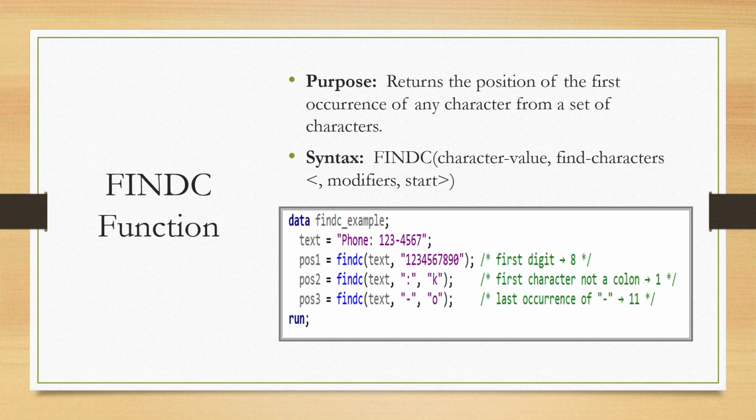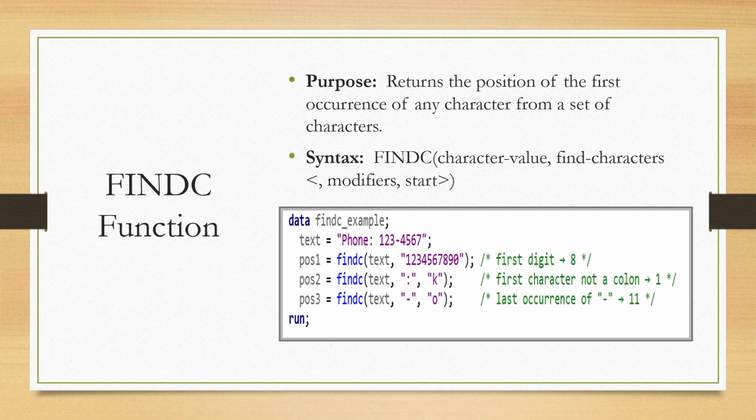Since it will encounter the digit 1 in the text value, it will return the position of the digit 1 in the text. In this case, the phone is of 5 characters, then a semicolon, then a blank space. So the first number, that is the number 1, is at position 8 in the text variable. So for the position 1 variable, we will have the value 8.